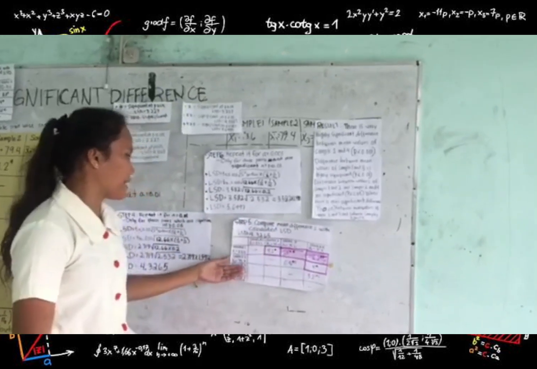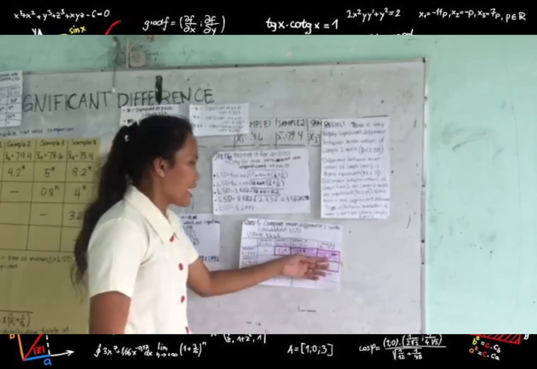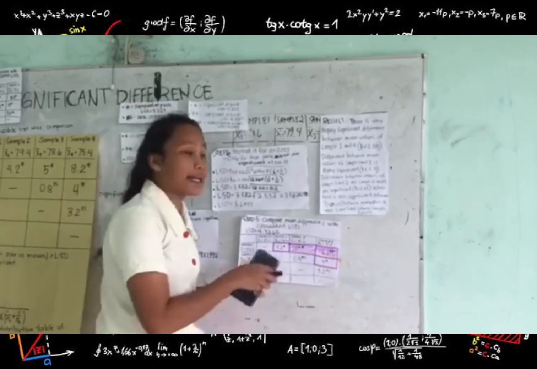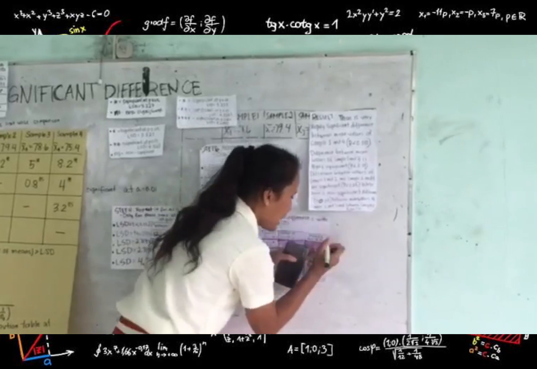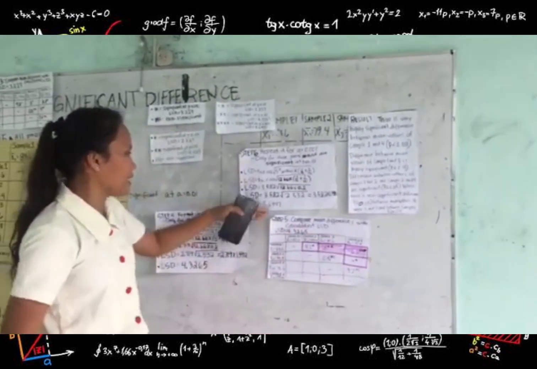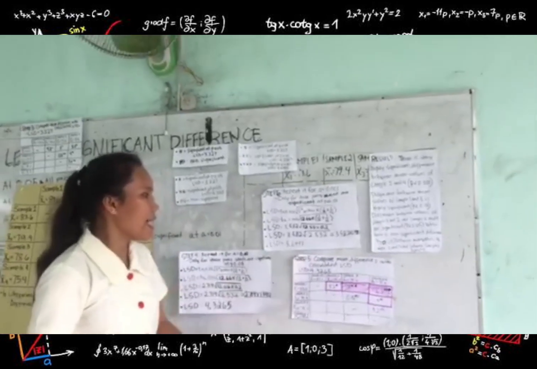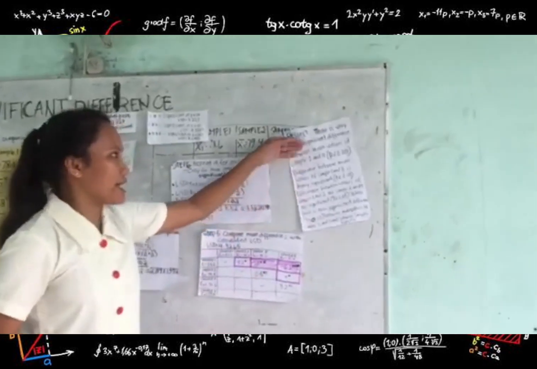For sample 1 and sample 4, which is 8.2, we put an asterisk because it is higher than the LSD of 5.6997. And the result is there.